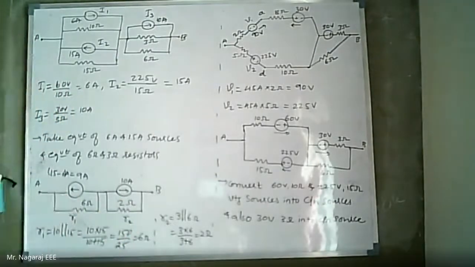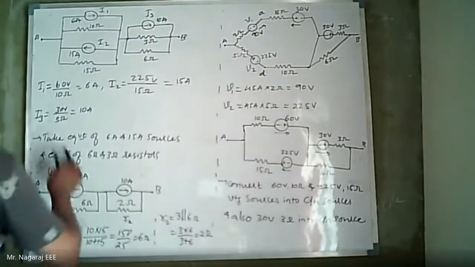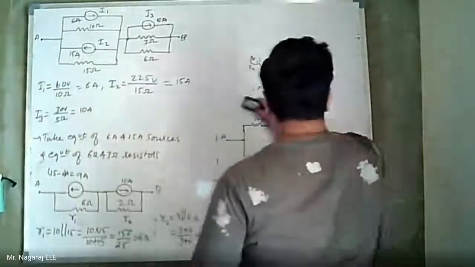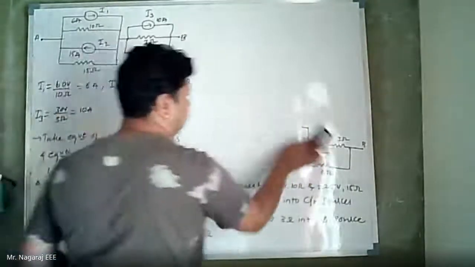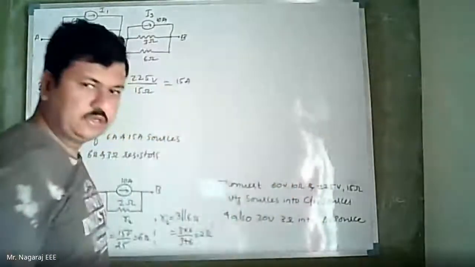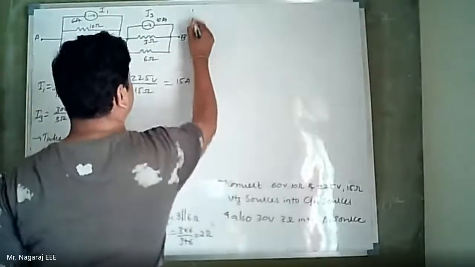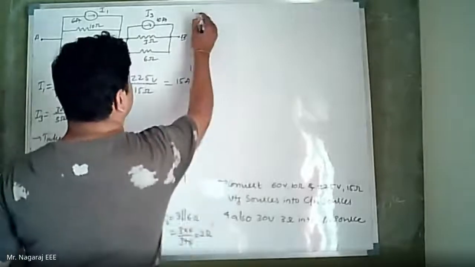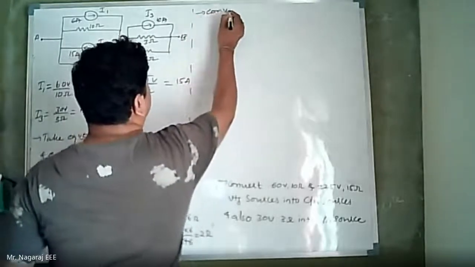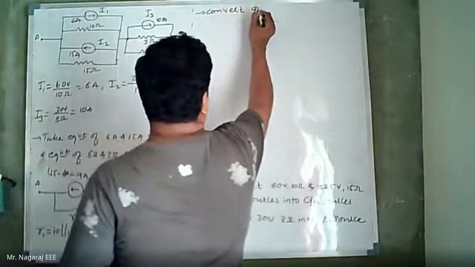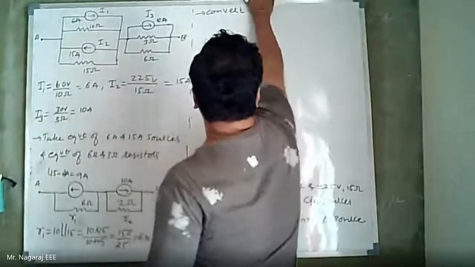Now convert 9 amps and 10 amps source into voltage sources. There are only two sources now.